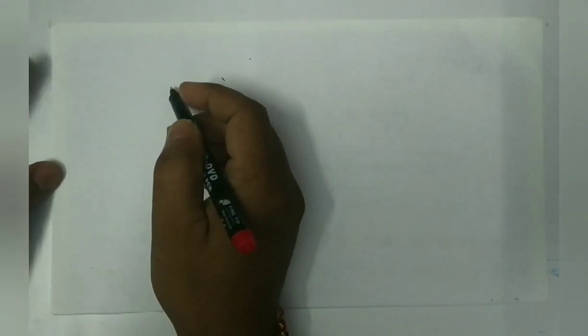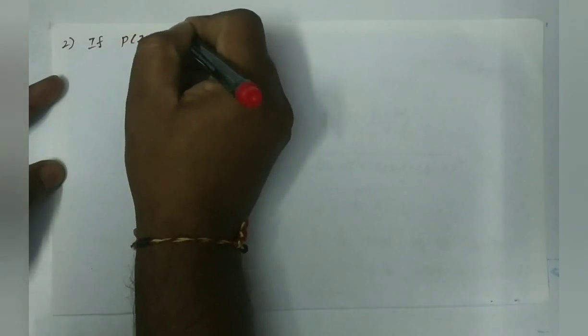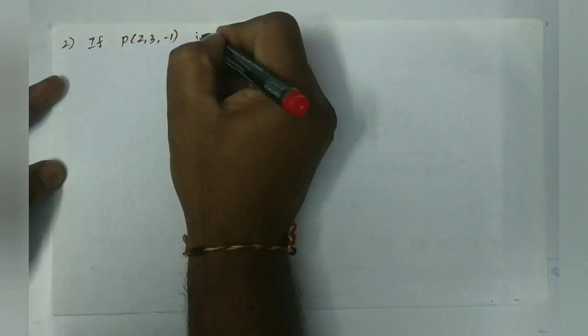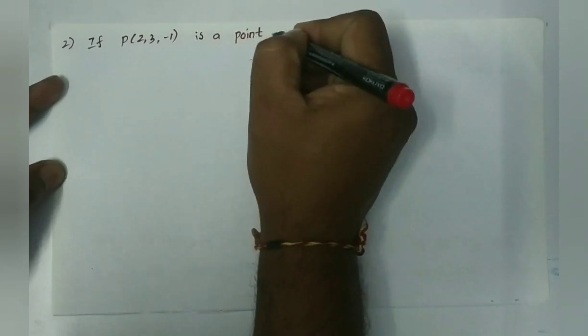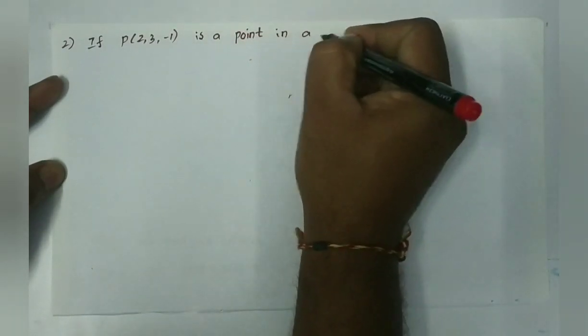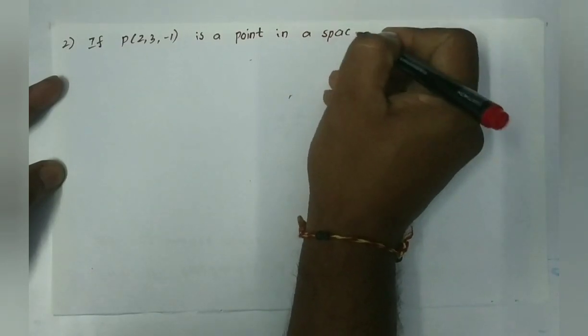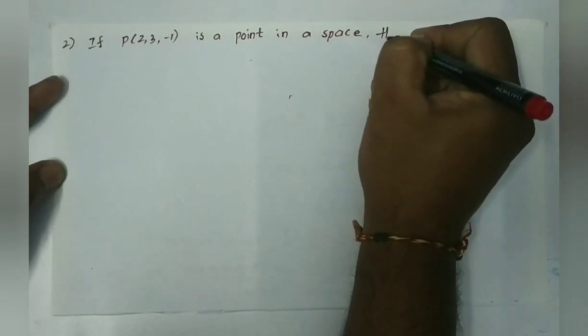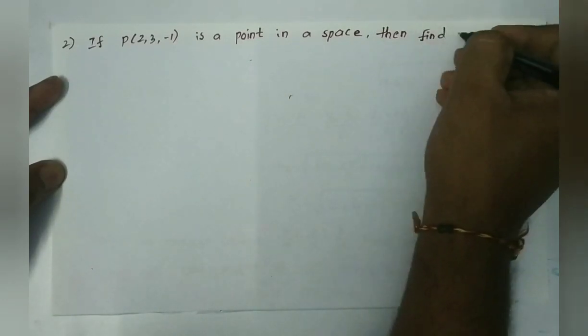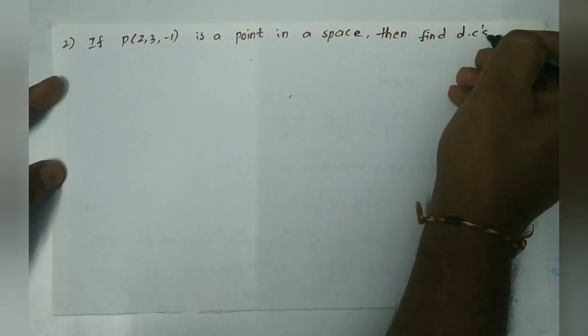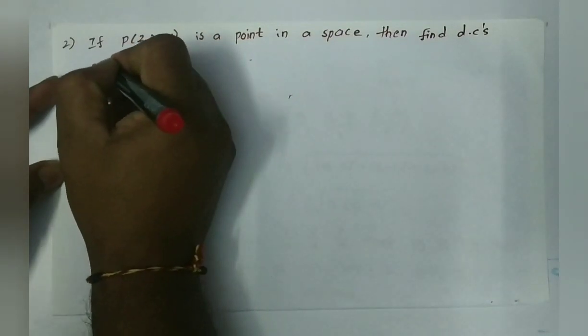Next, let us see the second problem. If P(2, 3, minus 1) is a point in a space, then find the direction cosines of OP.